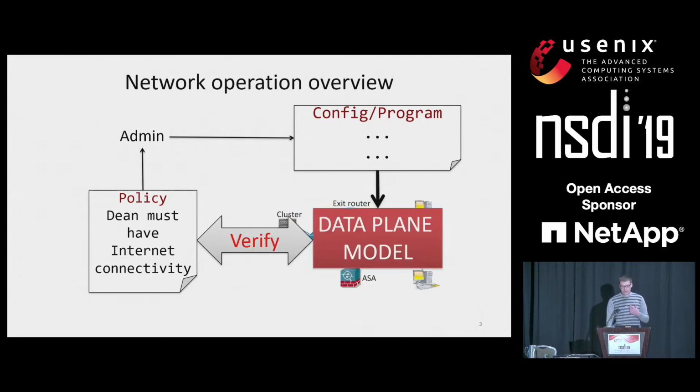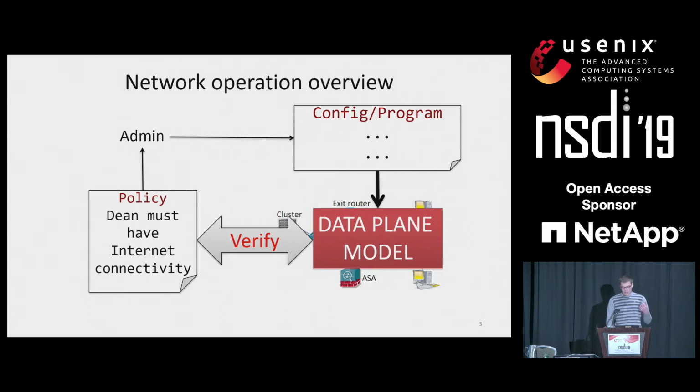Now network verification comes to bridge this gap. Basically how it works is that it first compiles a dataplane model starting from the network topology and the configs, and will attempt to formally verify that this policy holds. Of course, since this policy is expressed in natural language, we cannot formally verify statements in natural language.